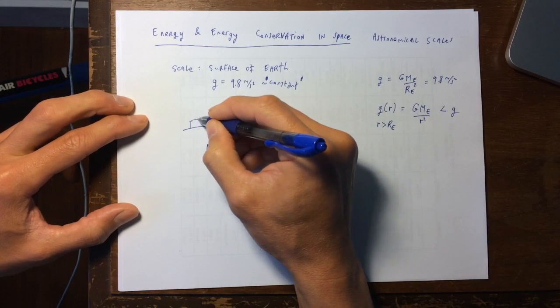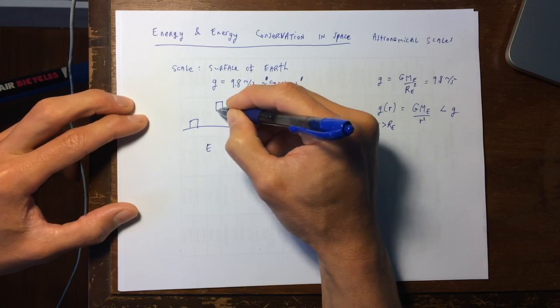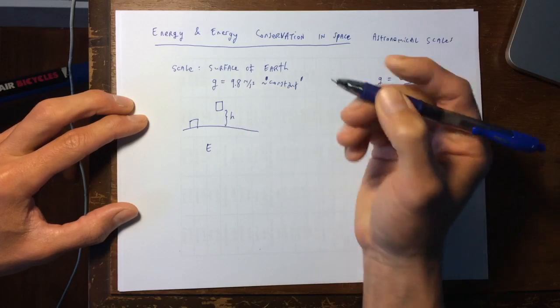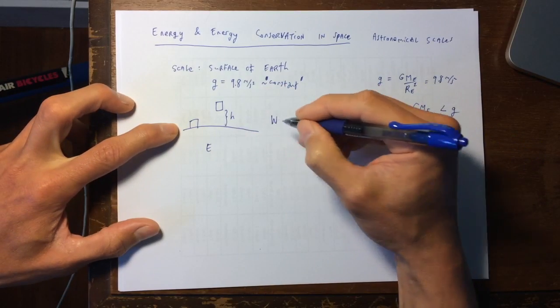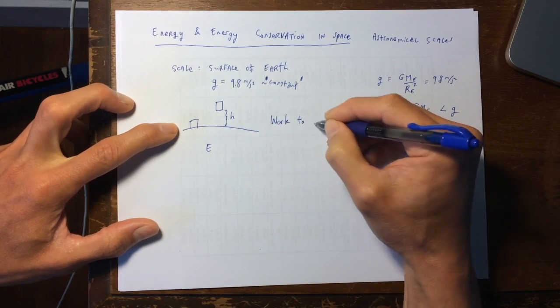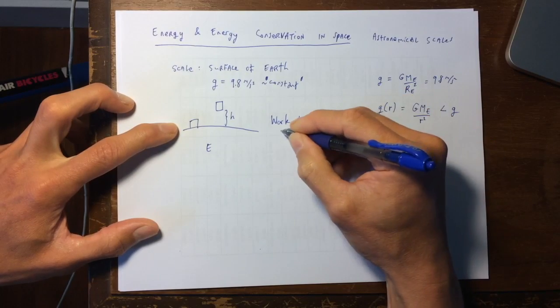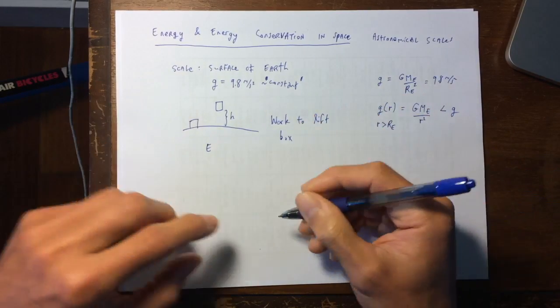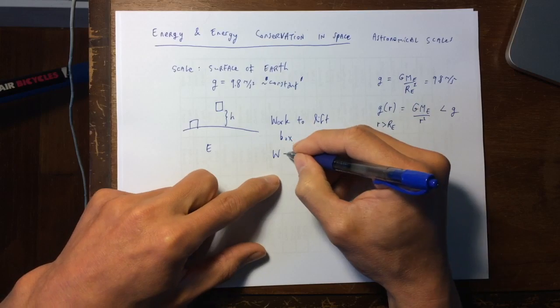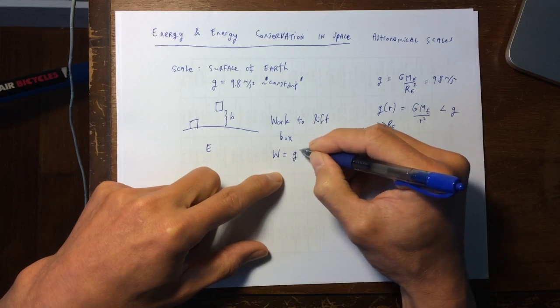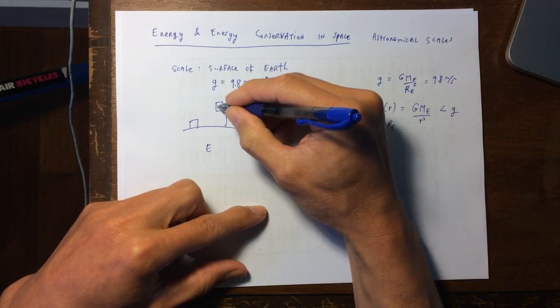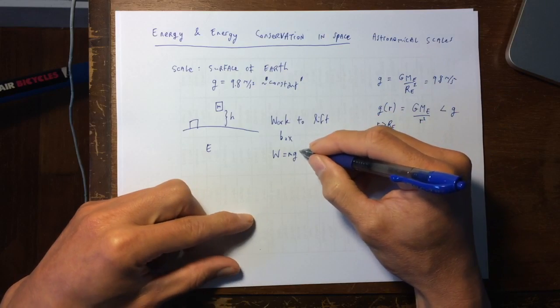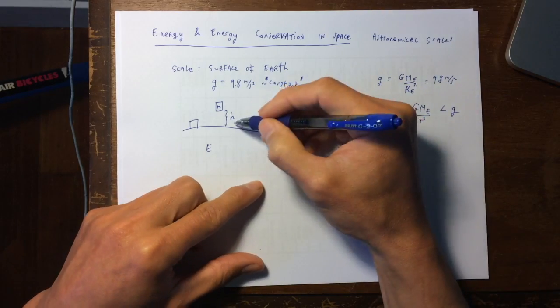Here's the Earth, and I can imagine doing some work to lift a box. This work turns out to be the mass of the box times g times the height through which you lift it.